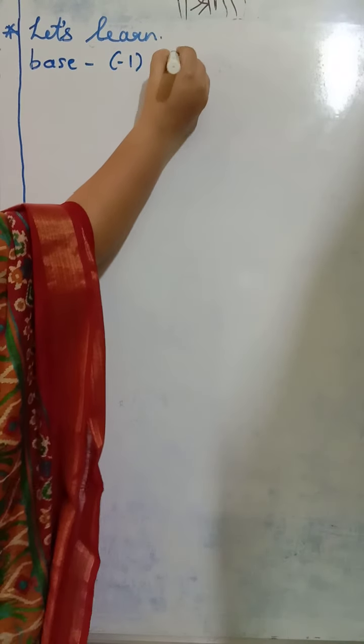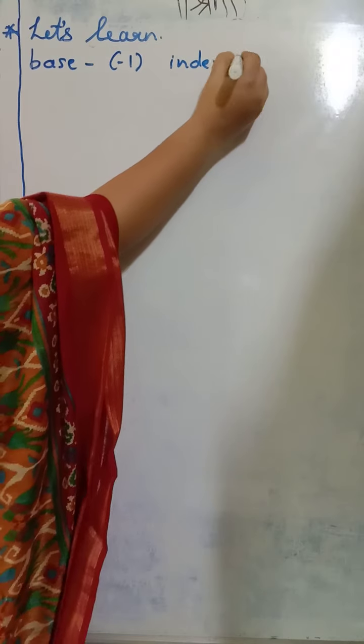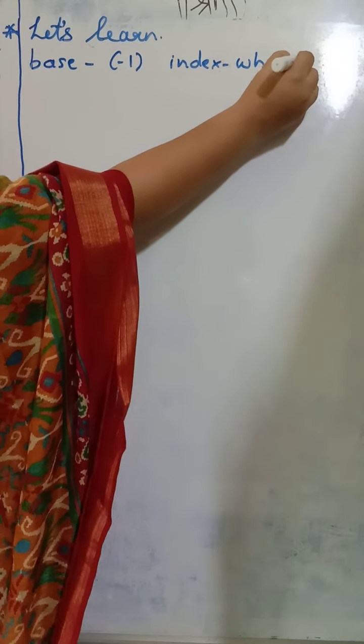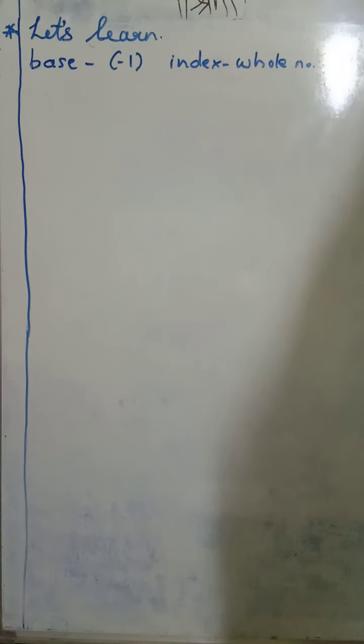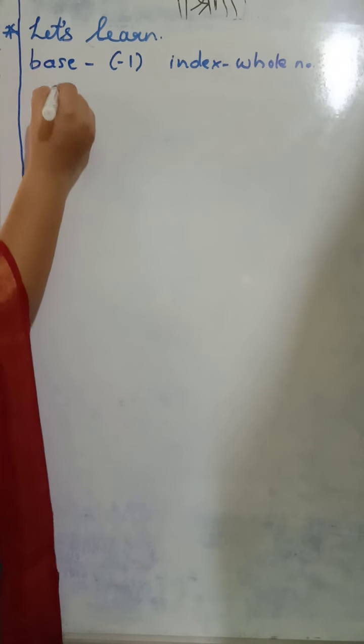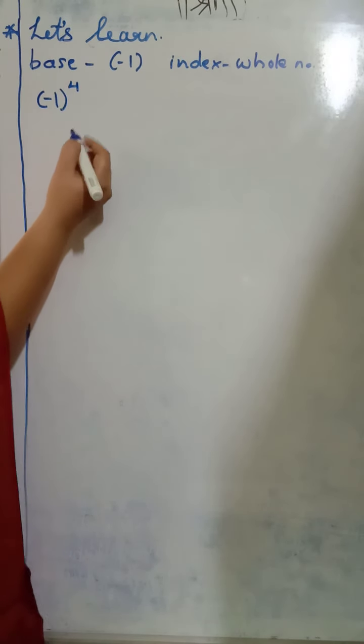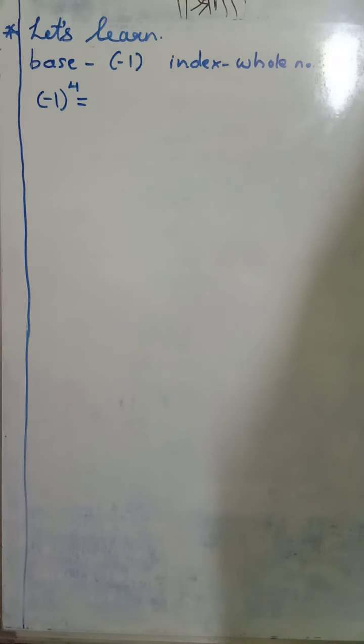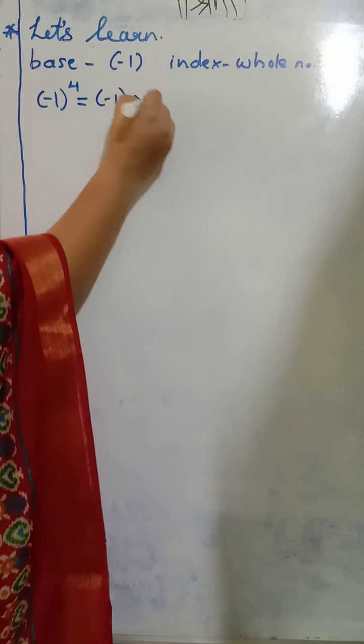Let's learn what happens if our base is -1 and our index is a whole number. Any whole number. Suppose I am taking a number in index form, that is -1 raised to 4. How will we mention it in multiplication form?